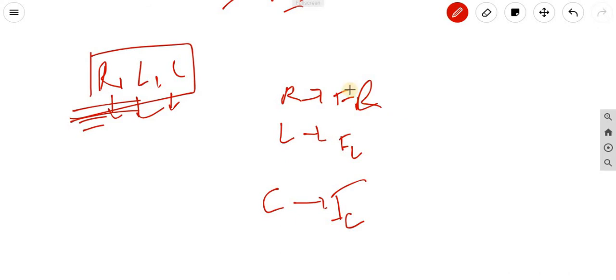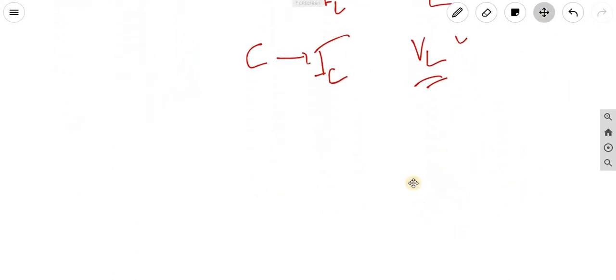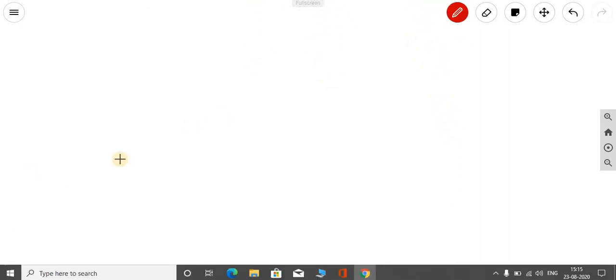As well, we will see the voltage across the resistor, the voltage across the inductor, and the voltage across the capacitor, and we will also be interested in the source voltage and the source current. For that, we have to see the scenario.